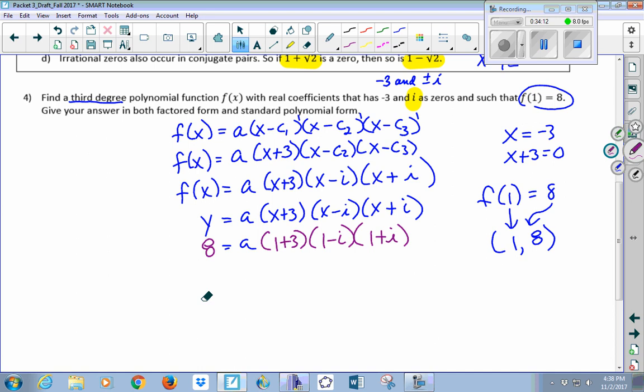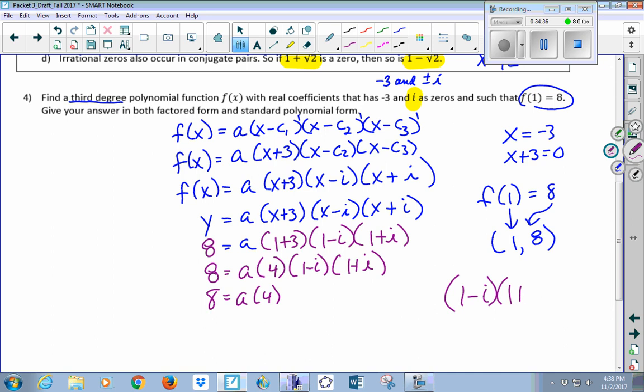And then I try to simplify this as much as I can. And now you say, what do I do now? Well, you know how to multiply this. 1 minus i, 1 plus i.